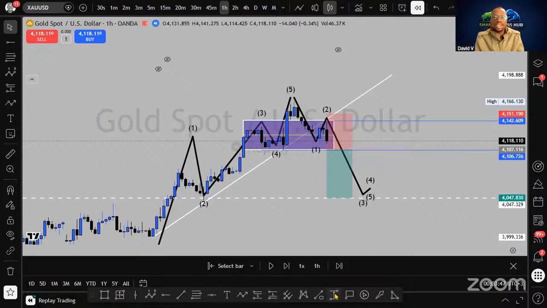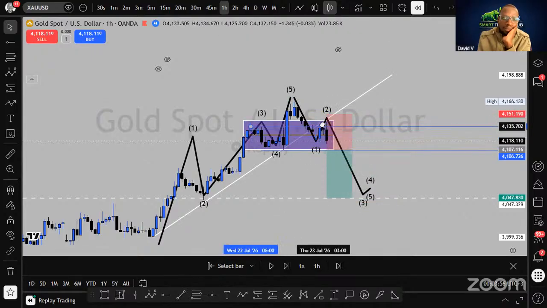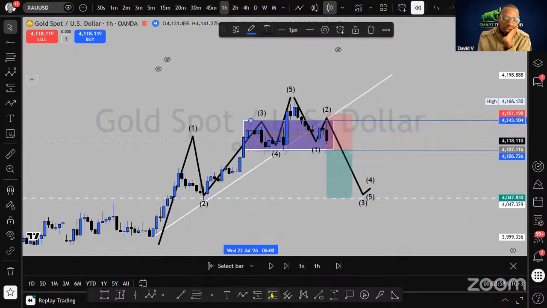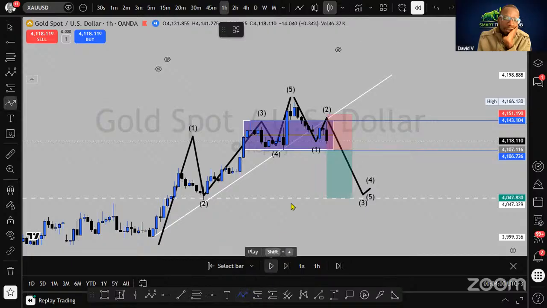So normally a lot of people with this head and shoulders will wait for the break, what we normally call the break, because the market is here. So you'll wait for the break, then on the retest is when you put a sell limit order.